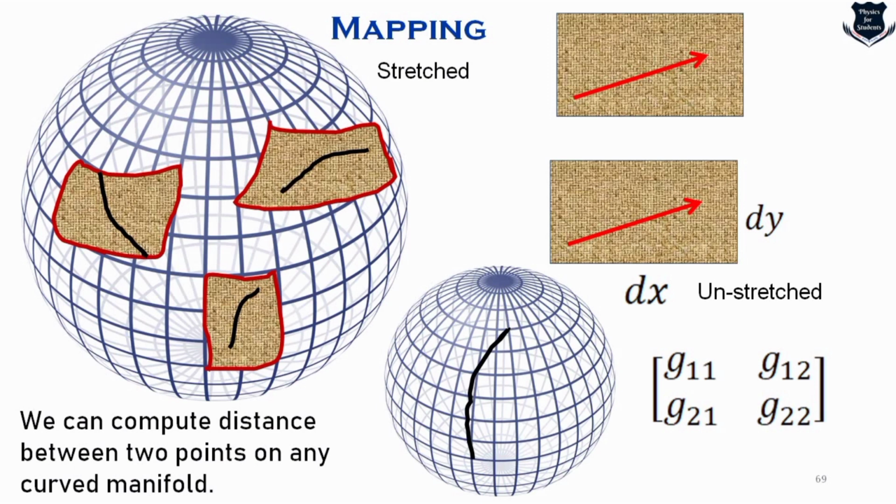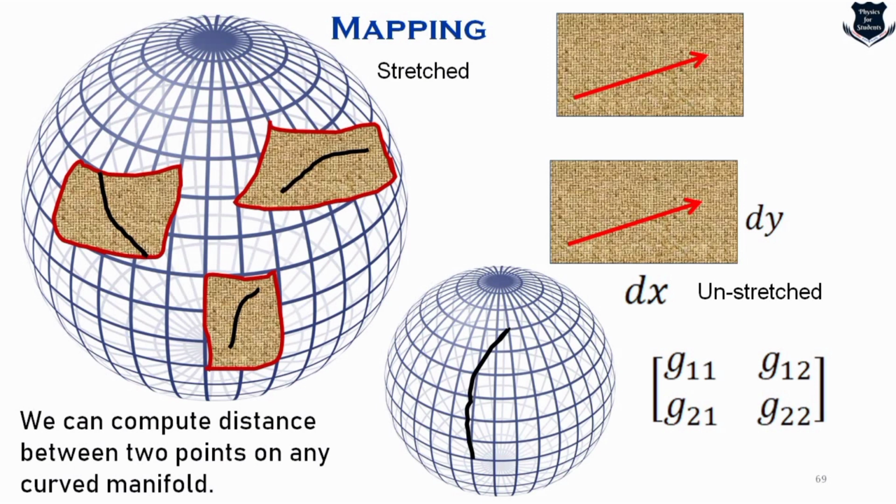So the differential manifold that we saw is required in order to use differential calculus to calculate the distance. And what measures the distance? The metric tensor measures the distance. So we can compute in this way any distance on any kind of curved, complex manifold.